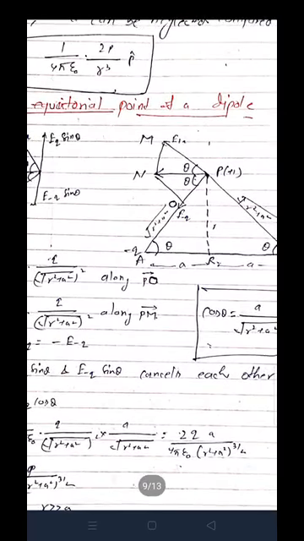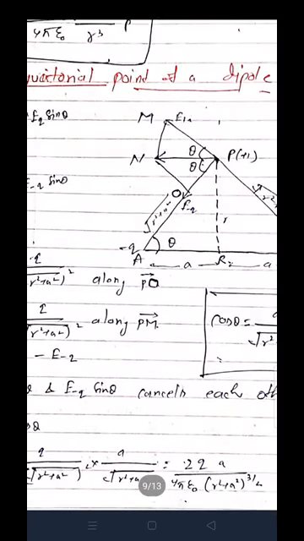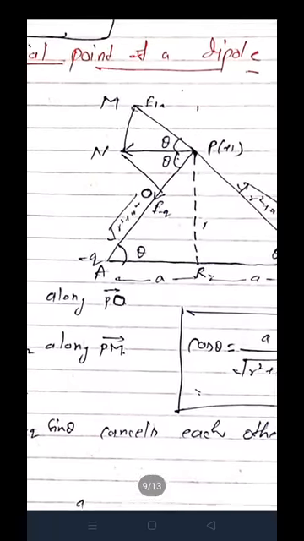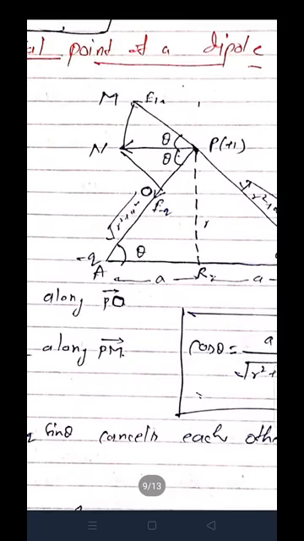Now in class 11 there was a chapter on vectors, and in vectors there was a topic, resolution of a vector. We used to resolve a vector into two components, cos theta and sin theta, cos theta along which the angle is made and sin theta on the other side.